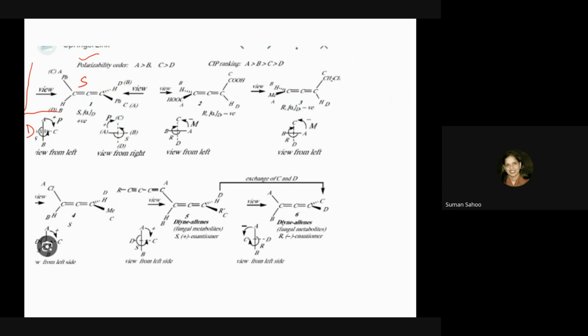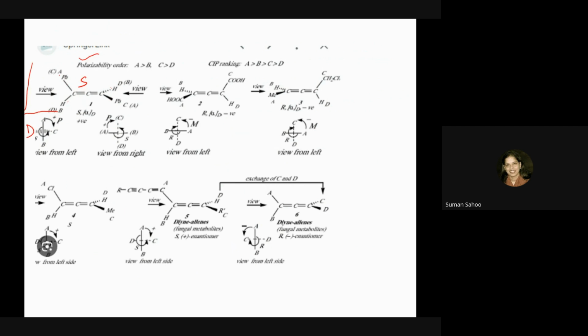But what about the Cotton curve? According to this, for the Cotton curve, we look at the group or moiety present on the vertical line, the first priority group, and the one on the horizontal line. We always put this one in the vertical line and this one on the horizontal line.